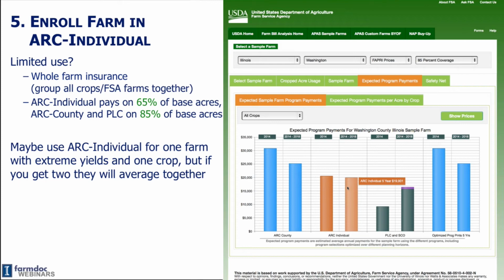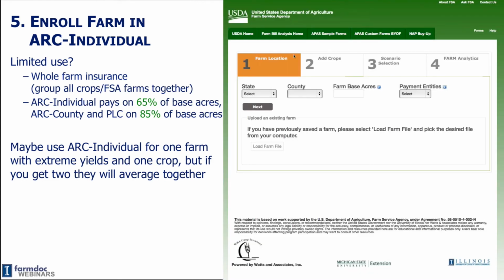If you have a specific situation that you want to look at in APAS, we would suggest using the custom farm operation, and that you could look at that specific situation. If we go back to a custom farm, build your own farm, you can go through here and build your own individual farm and look at that individual specific situation.